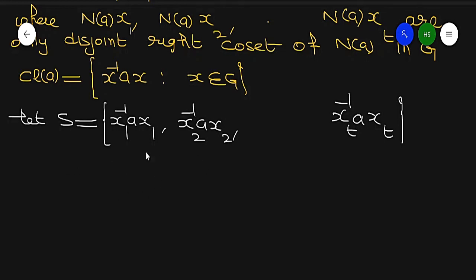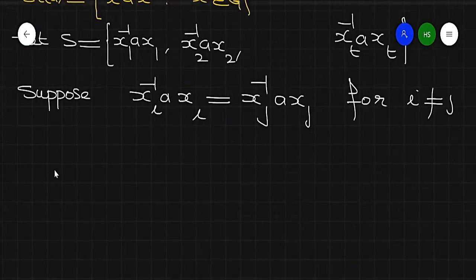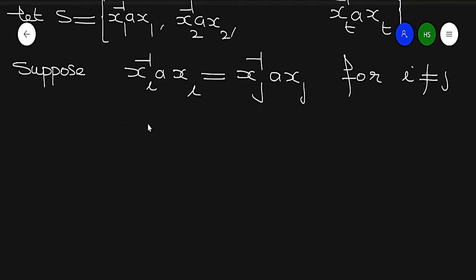So how will we prove that? I take any two elements from this which are equal. Suppose I take xi inverse a xi equal to xj inverse a xj for i not equal to j. To prove these are distinct, I take two elements from this.